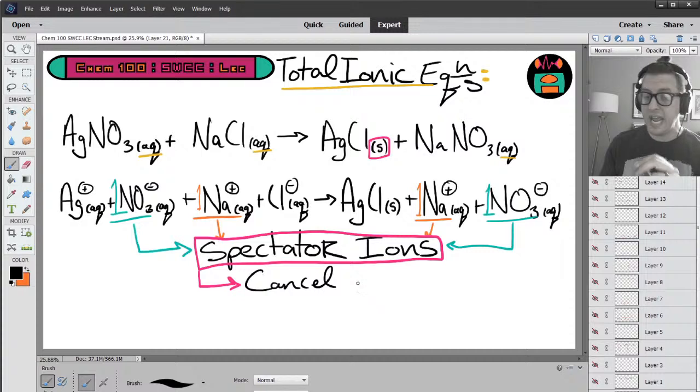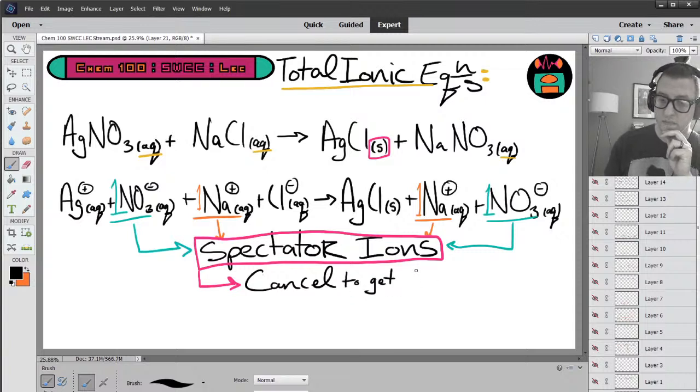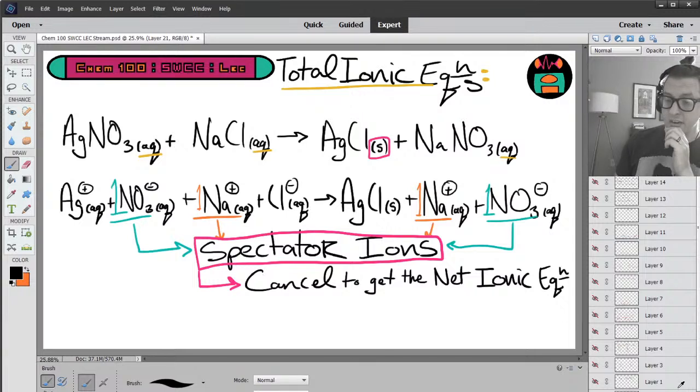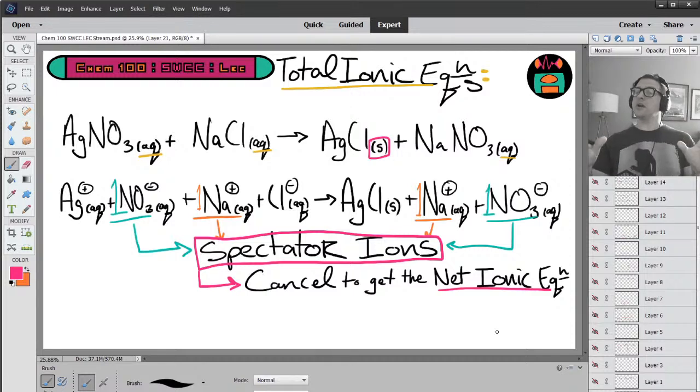All right, when you cancel your spectator ions, you get something known as the net ionic equation. Now, the total ionic equation says we want to write all of these ions as they actually exist in solution.